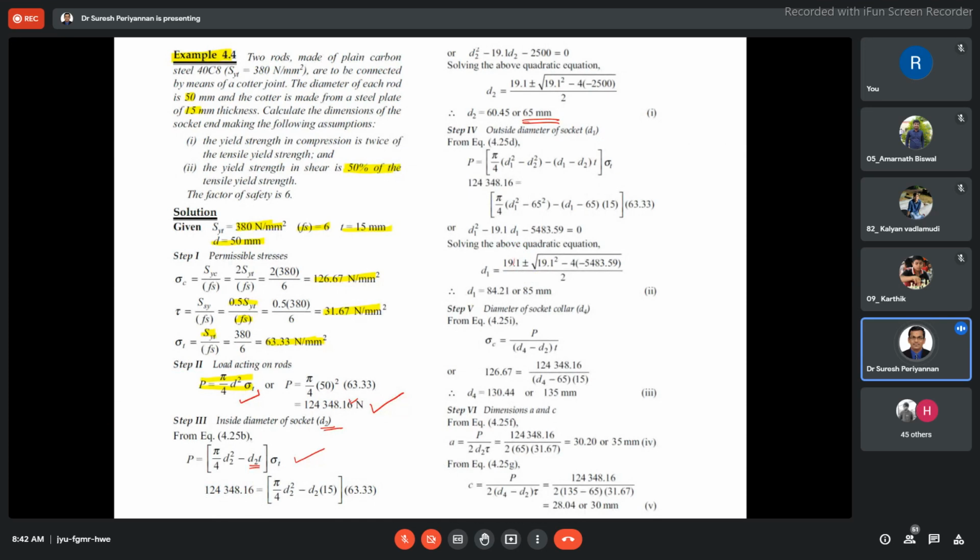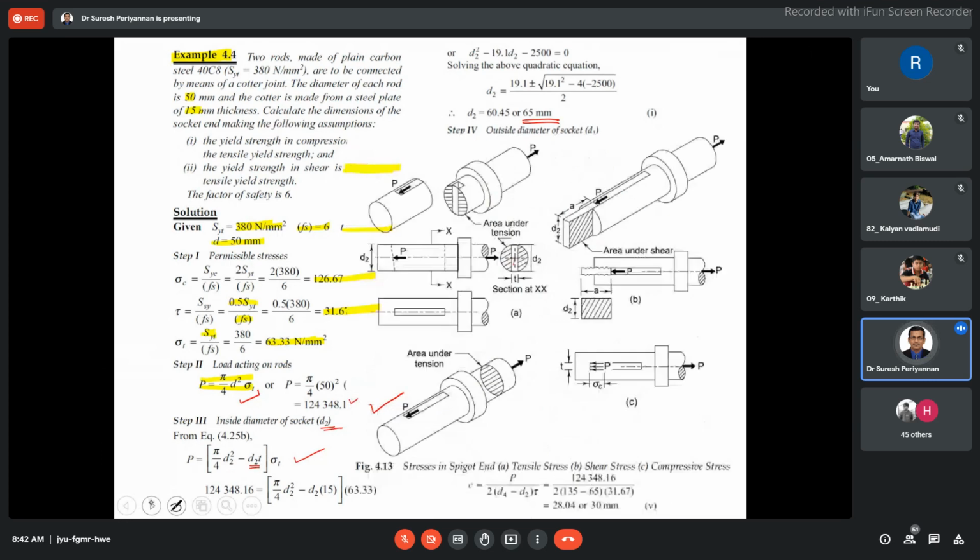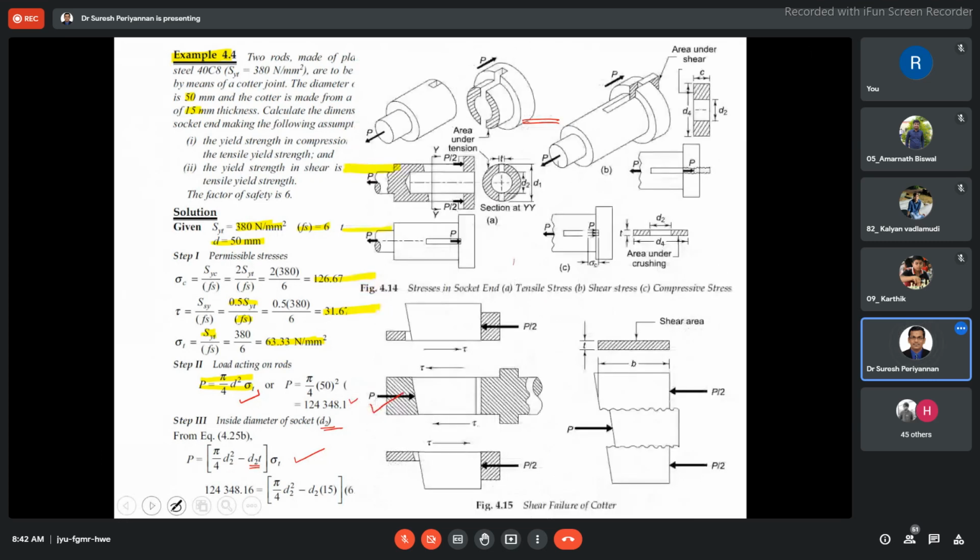Sigma t is equal to P by pi by 4 d1 squared minus d2 squared minus (d1 minus d2) into t. I show you the figure, the socket, figure 4.14. This is the tensile stress acting in this region, which you can see from the side view.